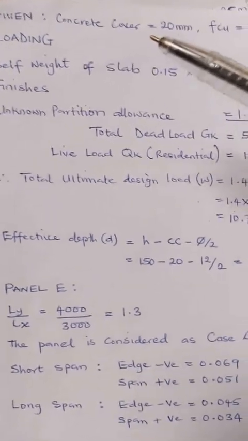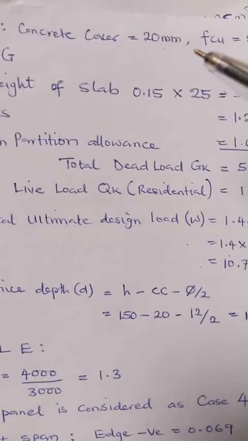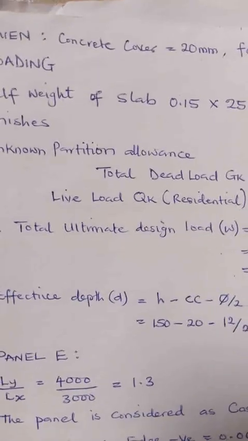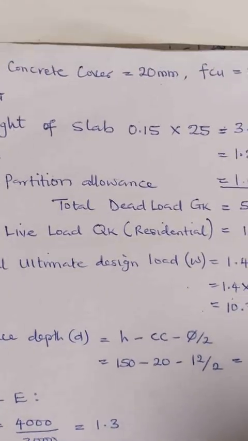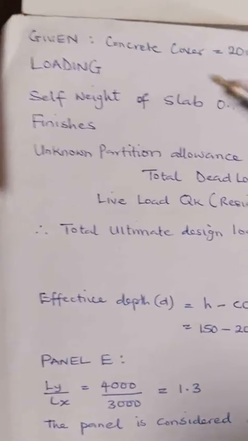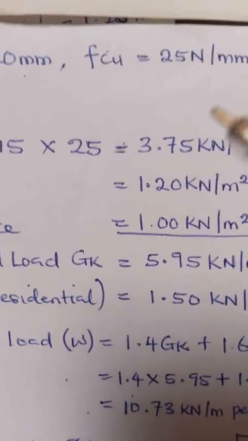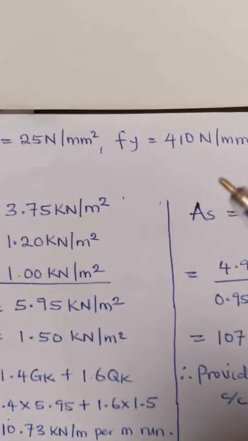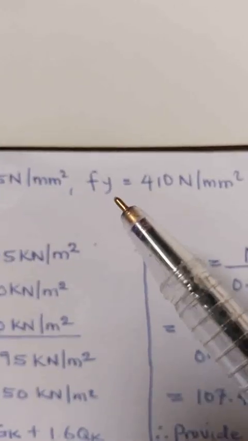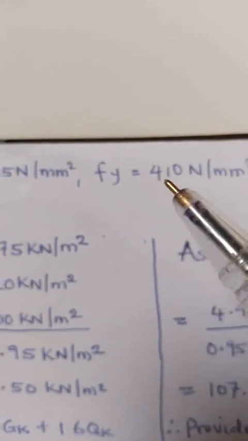Given concrete cover as 20 mm, we have CU, that is strength of concrete, as 25 Newton per millimeter square, and that of steel as 410 Newton per millimeter square.